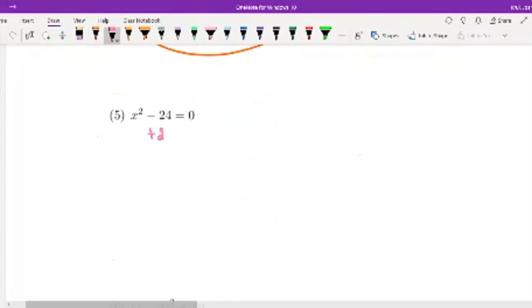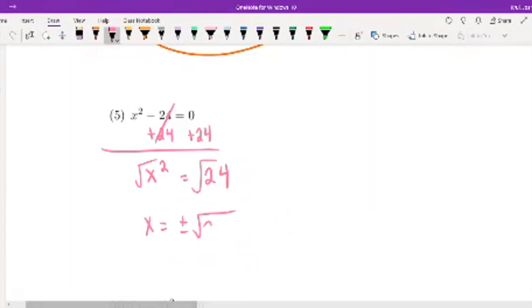We don't always have perfect squares, but that's okay. You still want to take the square root of both sides, and we still have positive and negative. But now we have to figure out if there are any perfect squares inside of 24.